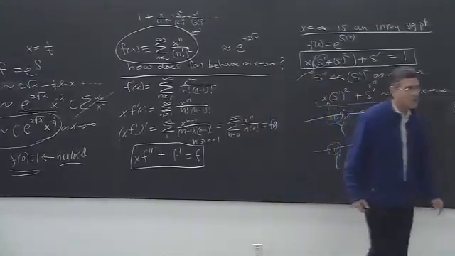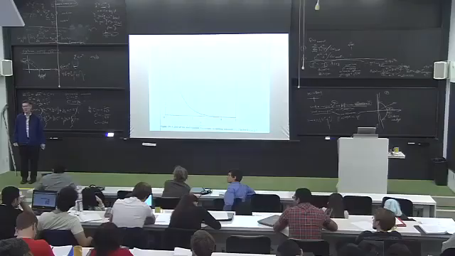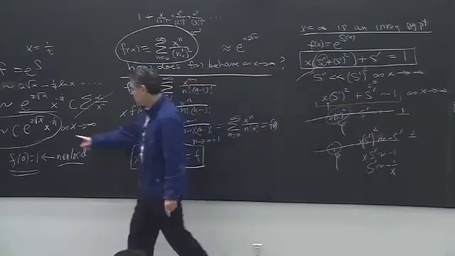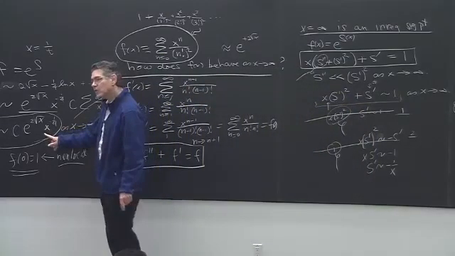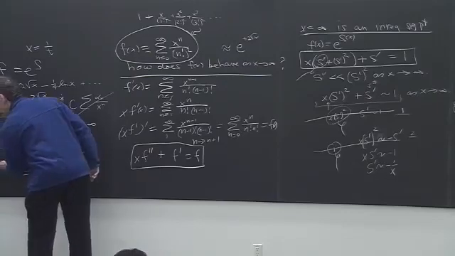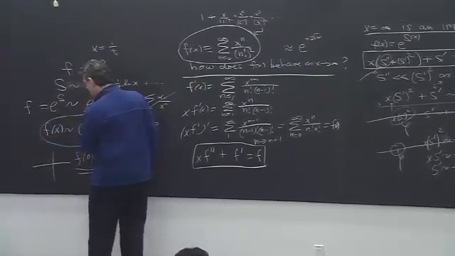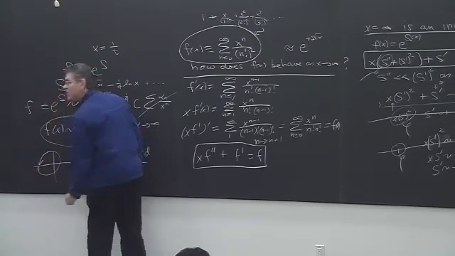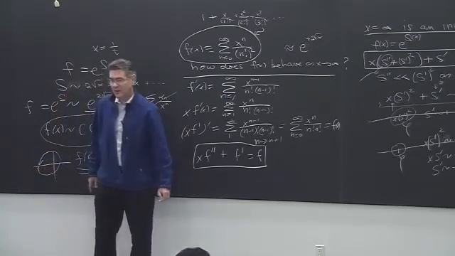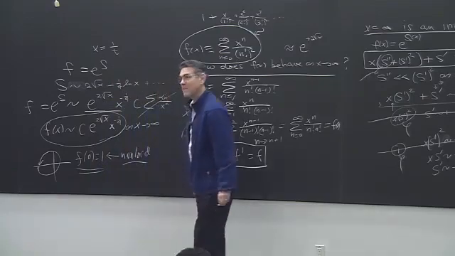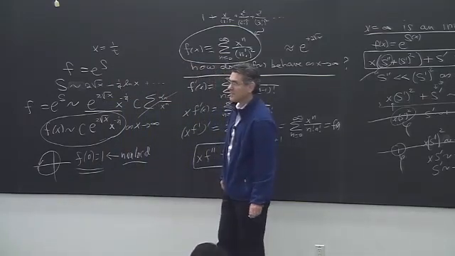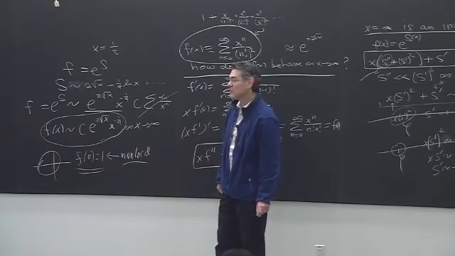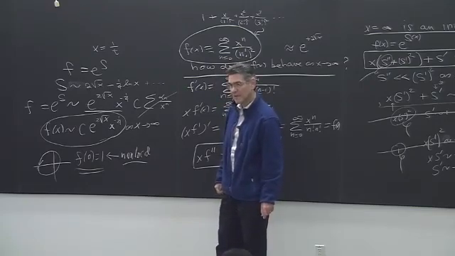An asymptotic approximation doesn't converge in all directions, and in fact, the asymptotic approximation that we derived, namely this one, is only valid in the cut plane. It is valid all the way up to here and all the way up to here, but it's not valid on the negative axis. So you don't ask as much of an asymptotic approximation as you do of a Taylor series.